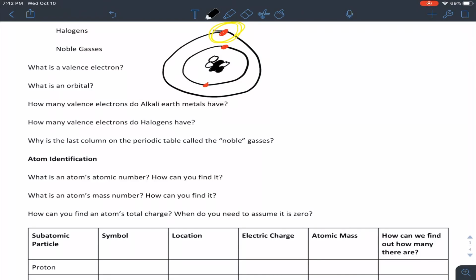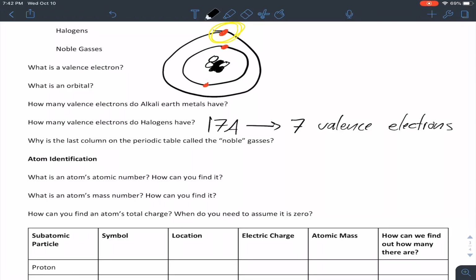And then when we get back up to our other metals and nonmetals, that's where we start counting again for our valence electrons. So halogens are in 17A, which transitions to 7 valence electrons, because 17A minus 10 is 7 valence electrons.